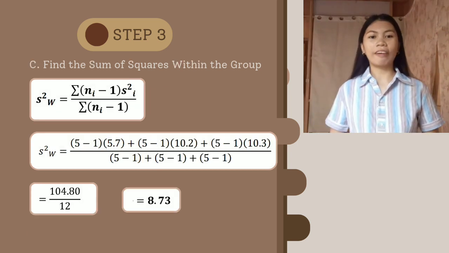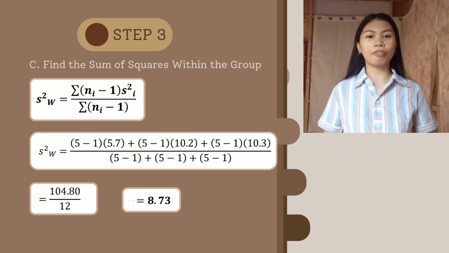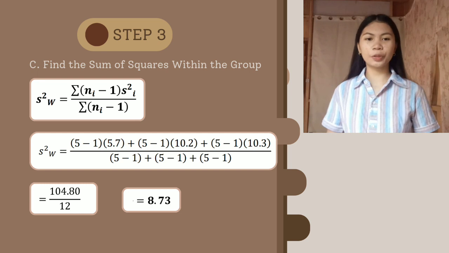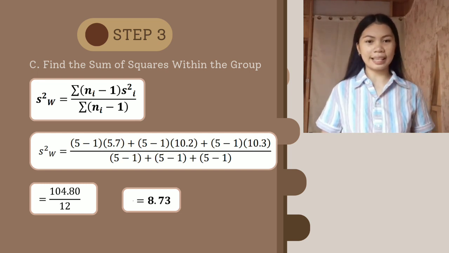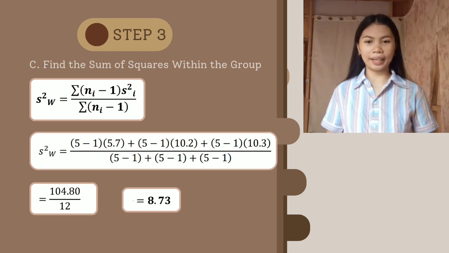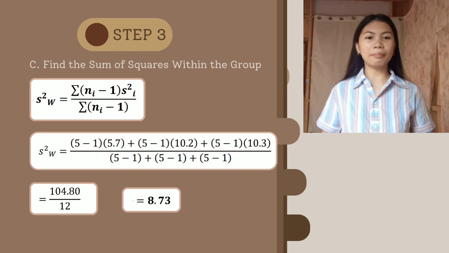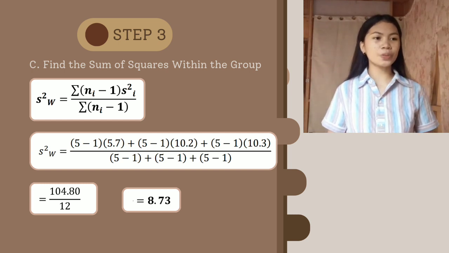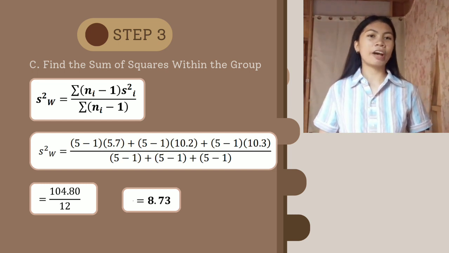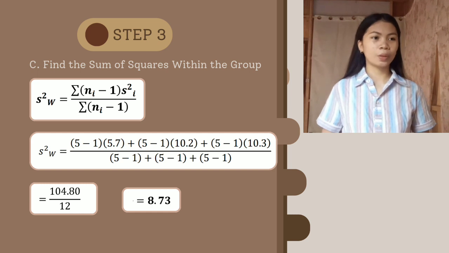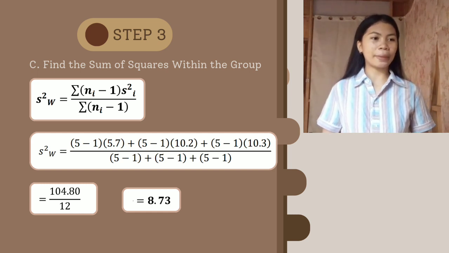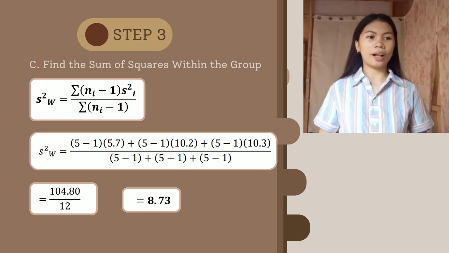The next step is finding the sum of squares within the groups. The formula is sum of squares within groups equals sigma of the sample sizes minus 1 times the variance per group, over sigma of the sample sizes minus 1, equals (5 minus 1) times 5.7 plus (5 minus 1) times 10.2 plus (5 minus 1) times 10.3, over (5 minus 1) plus (5 minus 1) plus (5 minus 1), equals 104.80 over 12 equals 8.73.